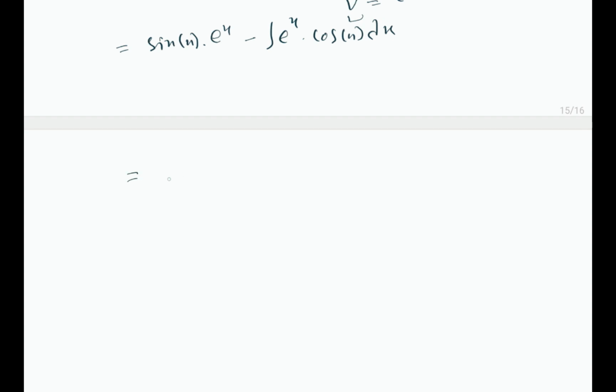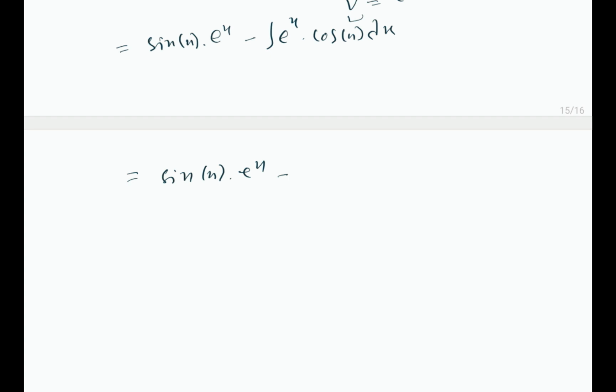So I can write sine of x e to the power x minus, see here we are having again one function where I need to apply integration by parts, right?